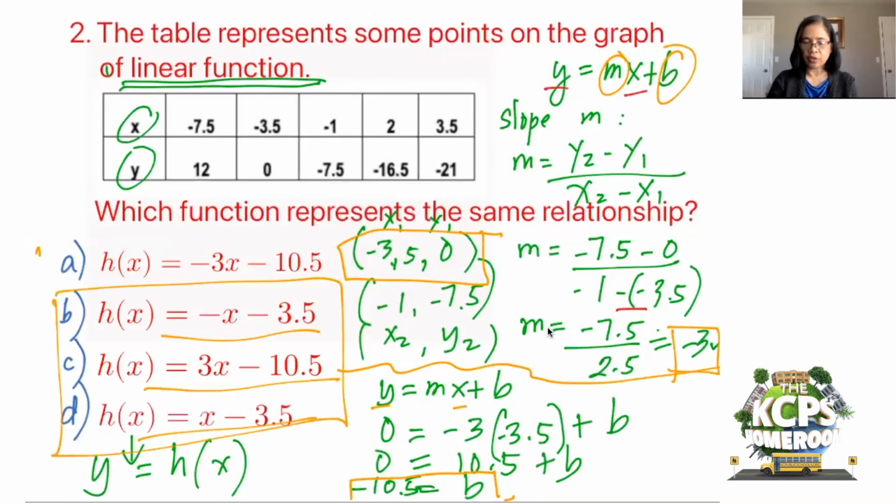So the first choice here is actually the correct answer, and it represents the same relationship as the table of values provided. So m is negative 3 and b is negative 10.5. I'll give you time to process.